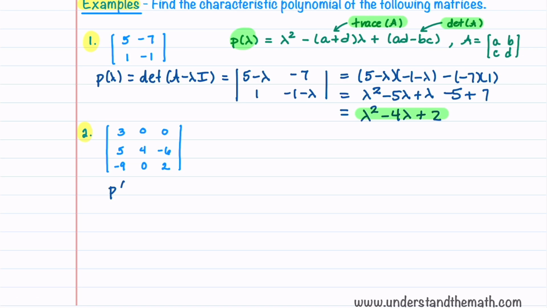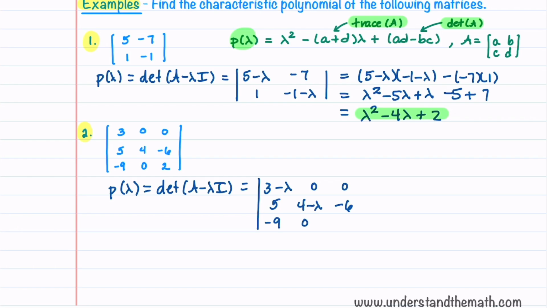Our p of lambda is going to be the determinant of A minus lambda I, and that's equal to this determinant. The easiest way to evaluate this determinant is going to be using cofactor expansion across the first row because that row has the most zeros.